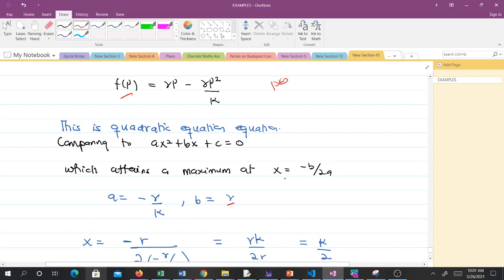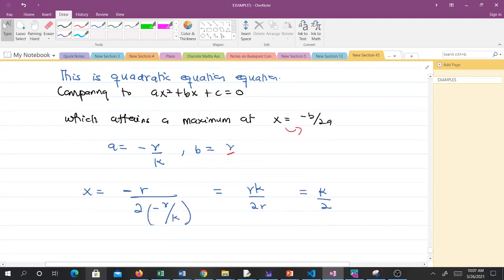So when we use this relation, you are going to get p to be equal to minus r over 2 times minus r over k. The negative will cancel out, and we get rk over 2r, and this will give us k over 2. So yes, we have shown that the maximum rate is going to be attained at k over 2.